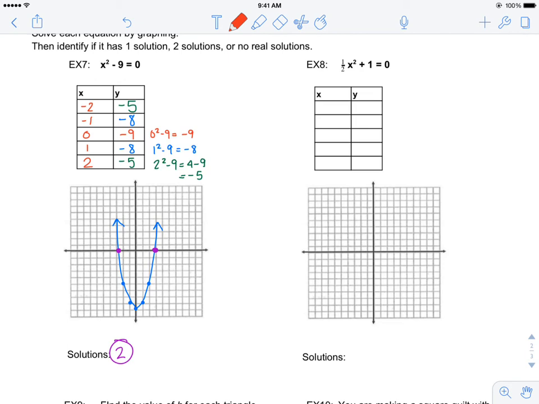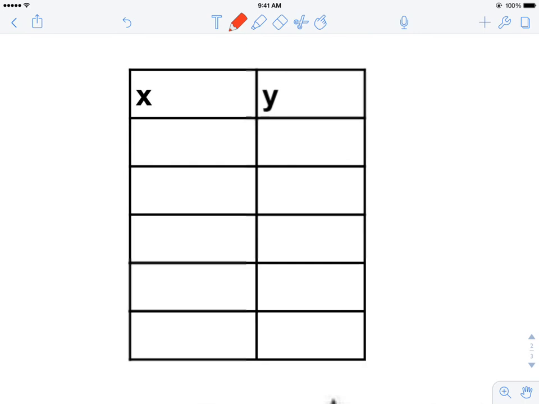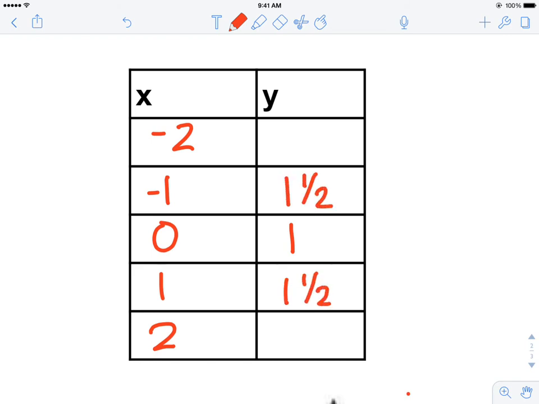Alrighty, so you can pause it if you don't have it yet. I'm just going quick because I don't want to make a super long video for you. So your numbers you should be able to fill in look like this. Make sure you're doing it so you know what is happening, right? You're going to have 1, 1 and 1/2, and 3.